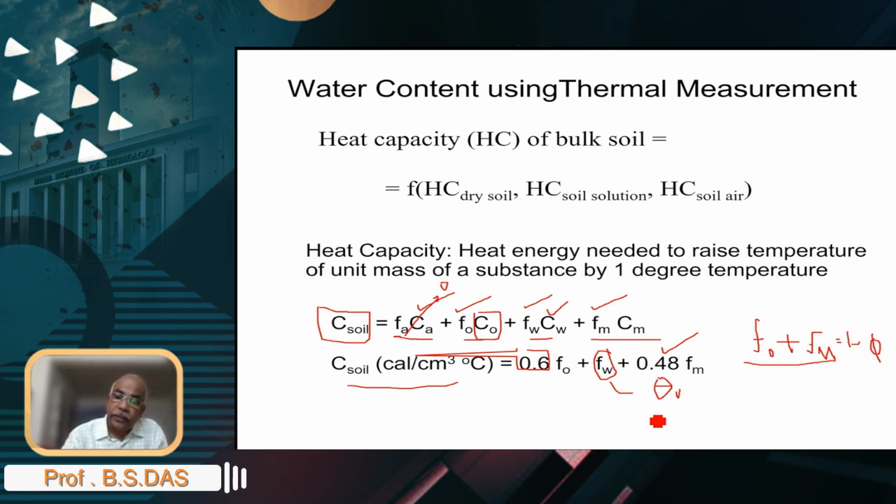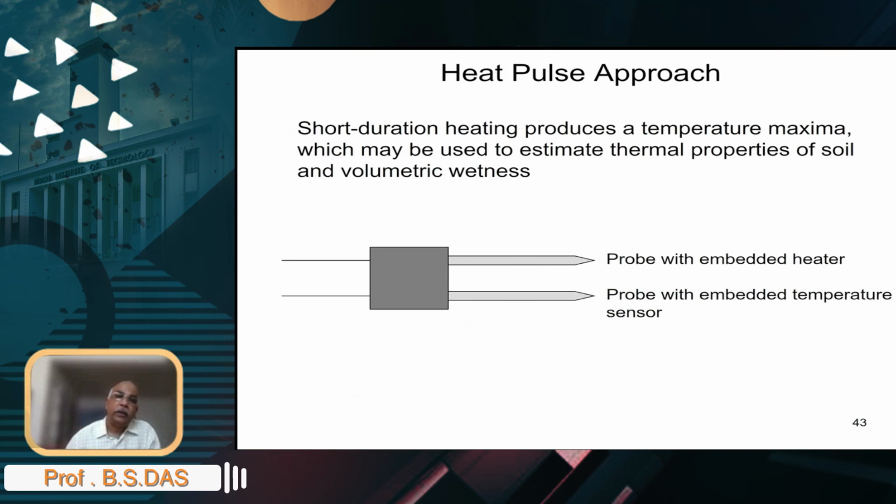And so, again, this is a very easy method. The way it is done is, you have a heating element inside one of the probes. You have some kind of a temperature sensor here, and so basically you do the heating up here, and upon heating, heat energy would radially move from the heater towards the temperature sensor, through the soil.